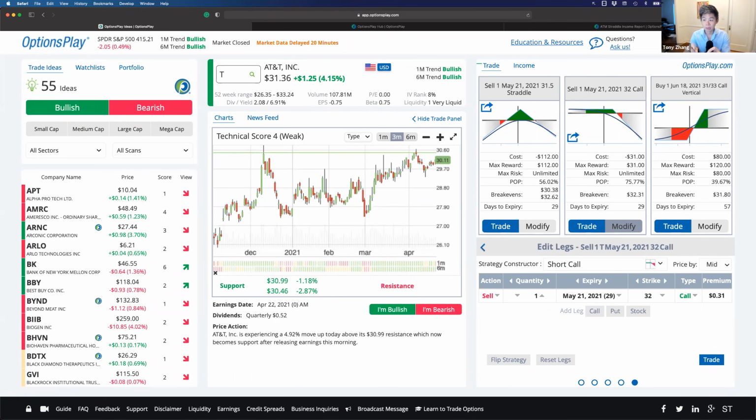That's it. We never look at spread width. We never try to collect $10 or pay $10. We never look at it from a dollar amount, because a $30 stock is going to be different from a $300 stock. That's why you never want to use a fixed dollar amount. You always want to use delta. Delta not only accounts for the price of the stock, it also accounts for volatility.